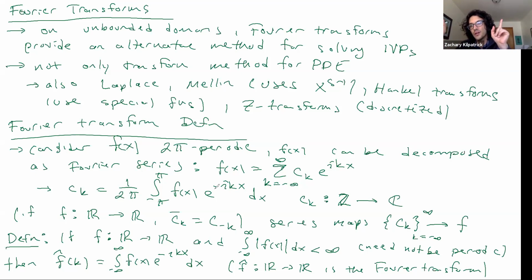So in the case of periodic functions, you can just say, if I periodically extend this function, then I have this function defined on minus infinity to infinity, and I'm going to Fourier transform that function now.